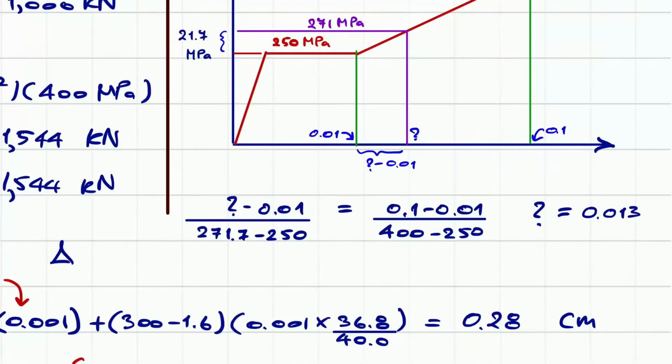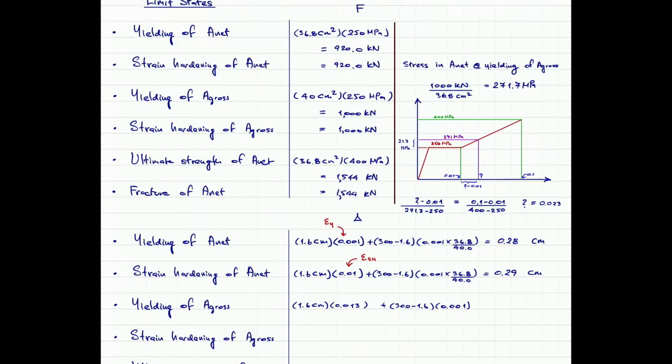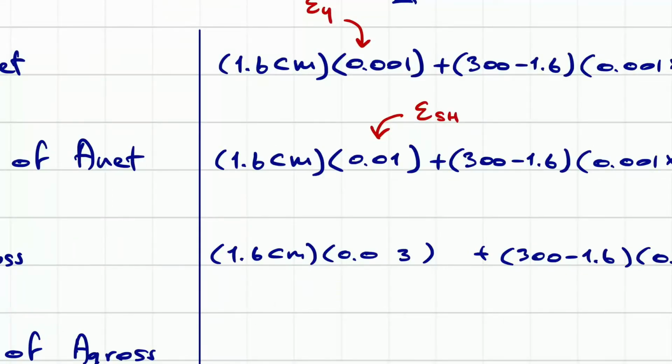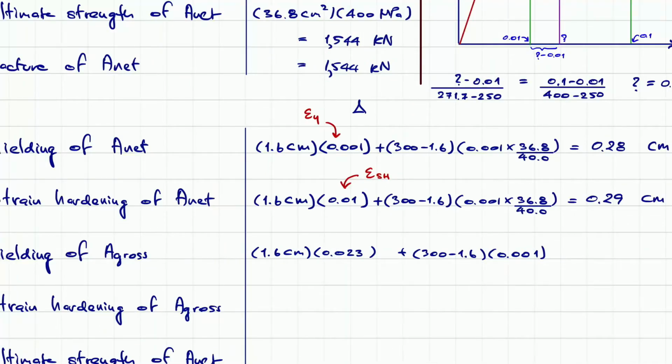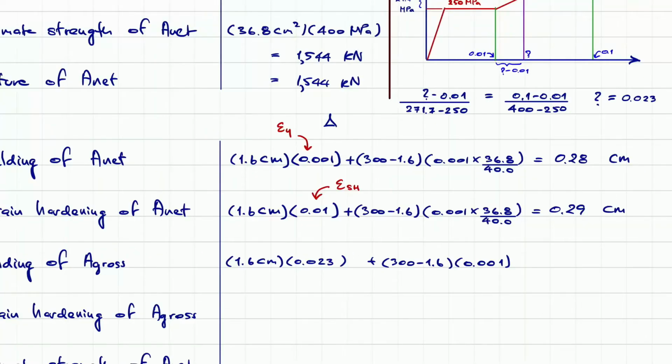So it is supposed to be 0.023. 1.6 multiplied by 0.023 plus 298.4 times 0.001 gives 0.34 centimeters.